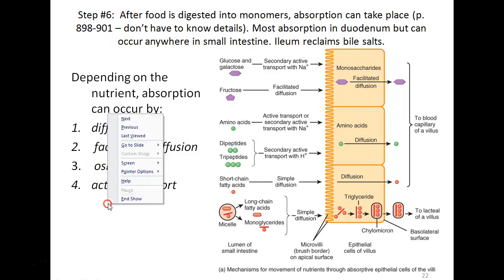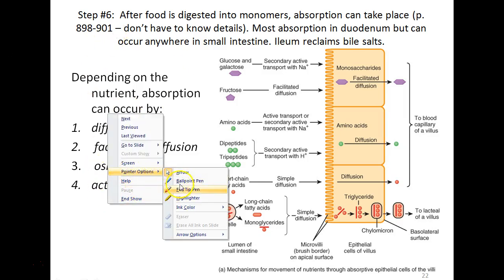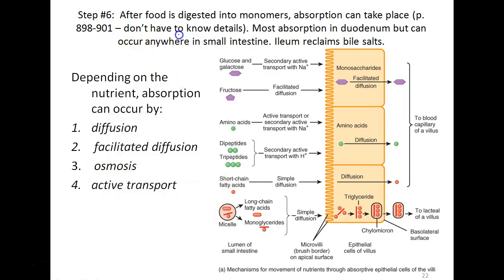Notice that we do not have to know details of all these, but essentially the whole overview is that once those tiny building blocks are broken down, as shown on the left side, we can get them into a blood capillary of a villus.